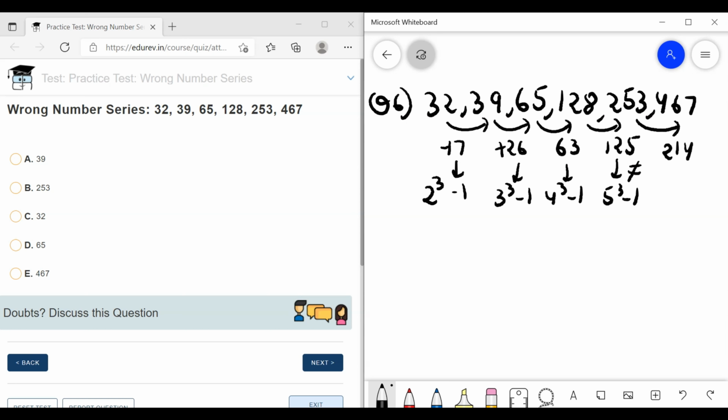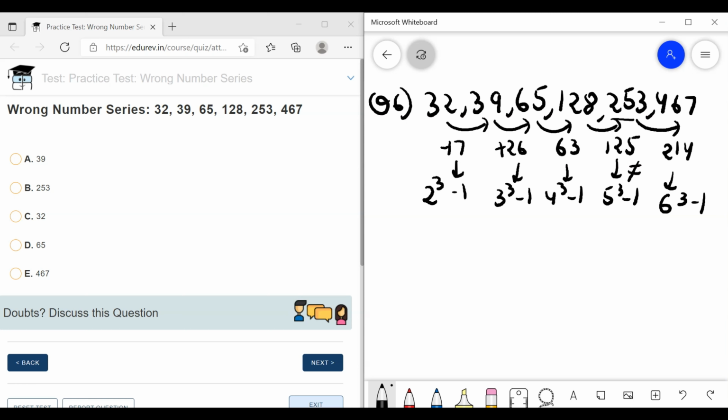This is wrong here. It's not fitting the pattern that we have understood till now. Well, if we talk about 253, this is once again not fitting the pattern of 6 cube minus 1, because according to the pattern, it should be fitting 6 cube minus 1. Okay. Now we know that according to this, the problem starts at 253.